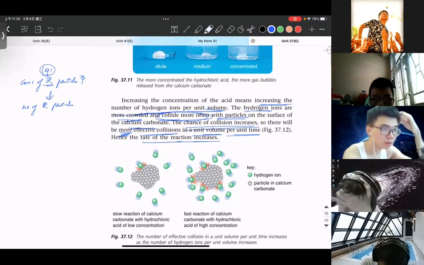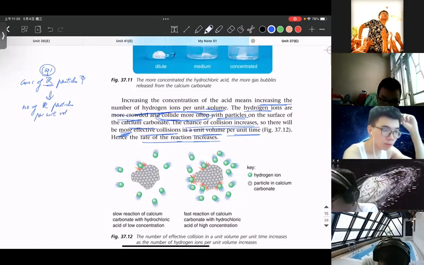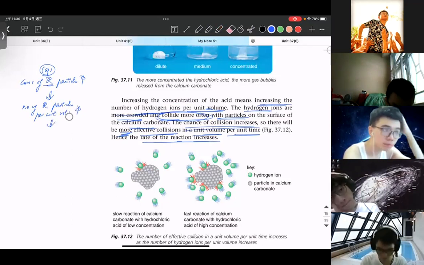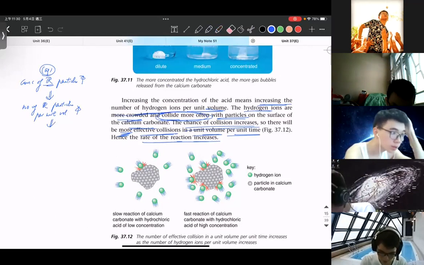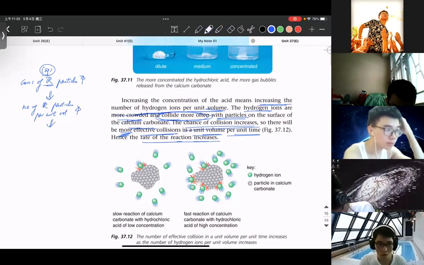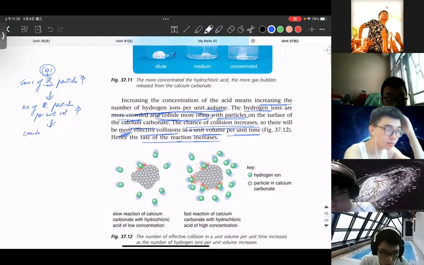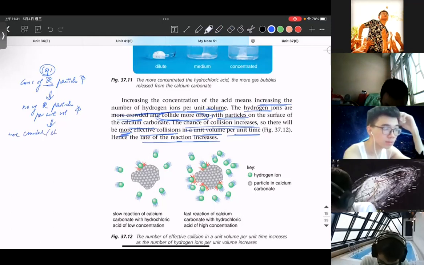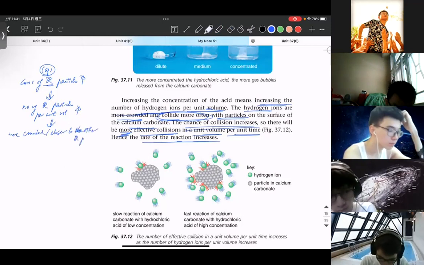The number of reactant particles per unit volume increases, which will affect what? They become more crowded and closer to other reactant particles.